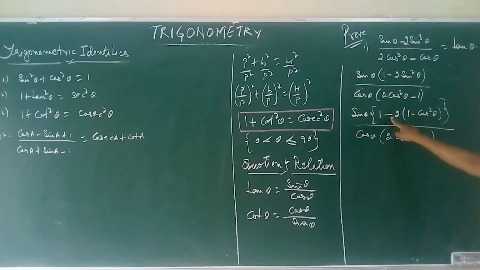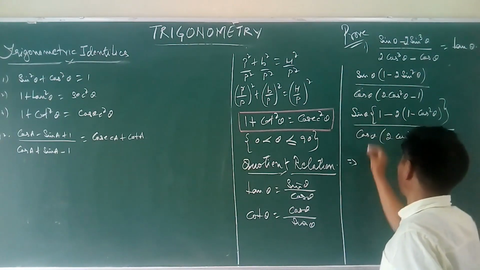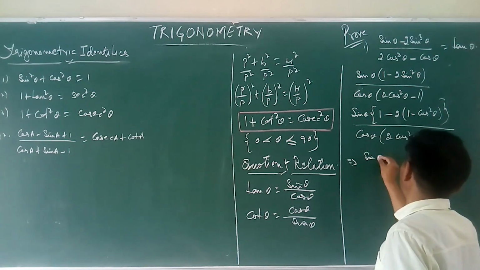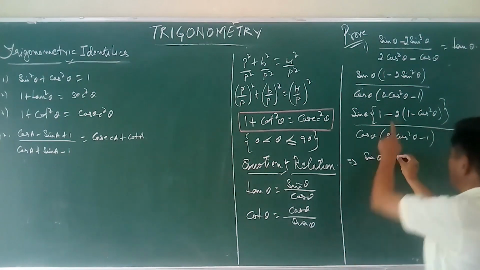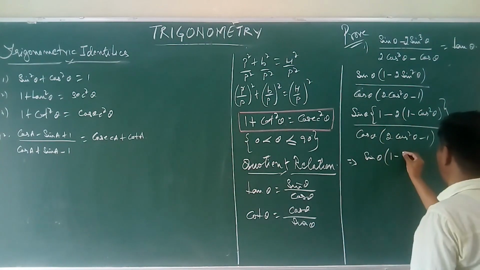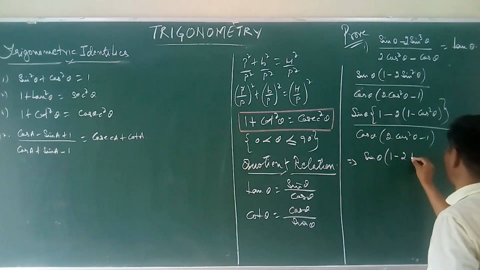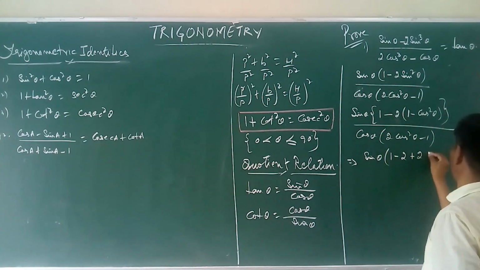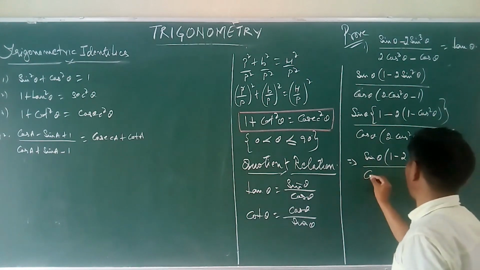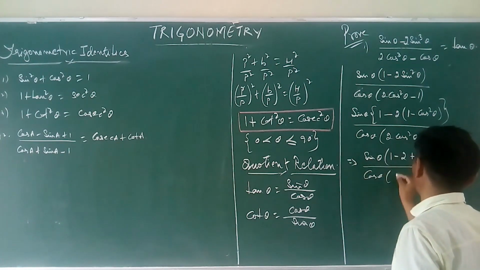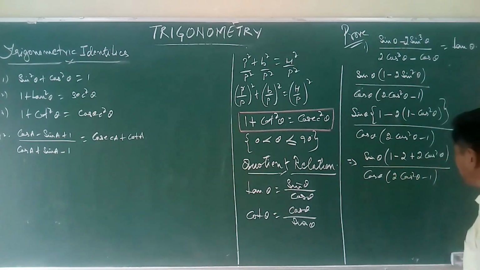Now if you open this bracket, this implies sine theta times 1 minus 2, and negative into negative is a positive 2 cos square of theta, divided by cos of theta times 2 cos square theta minus 1.